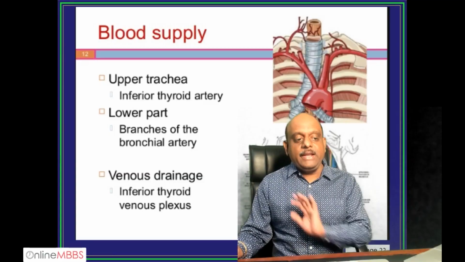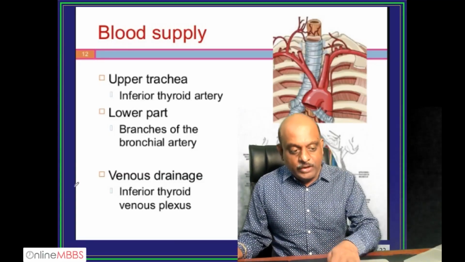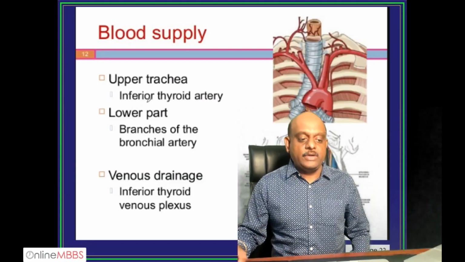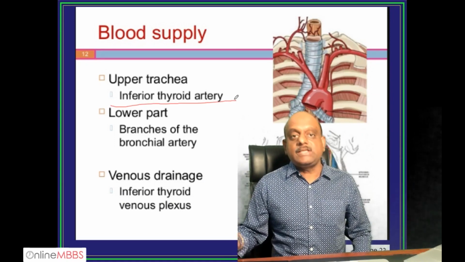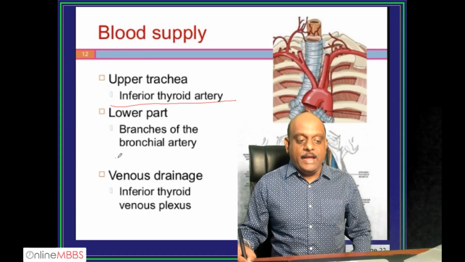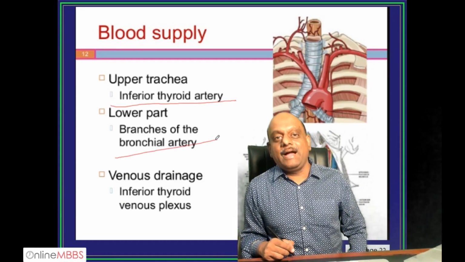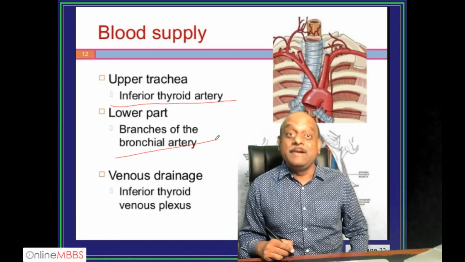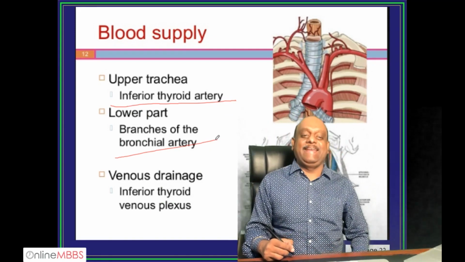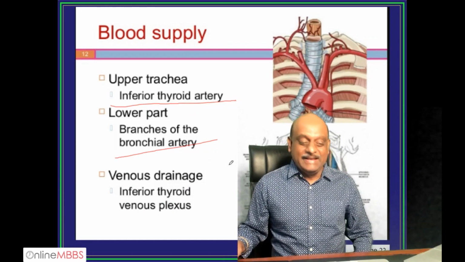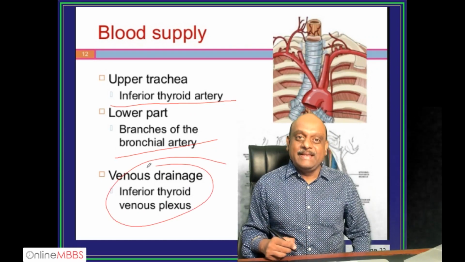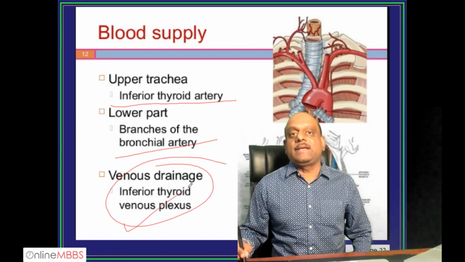So, inferior thyroid artery. So if you look at the trachea, doctor, upper trachea is supplied by inferior thyroid artery and lower part of the trachea is by the branches of the bronchial artery, is what you need to remember. Then venous drainage, inferior thyroid venous plexus.